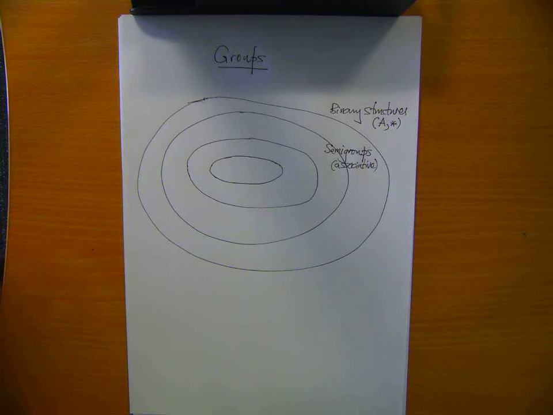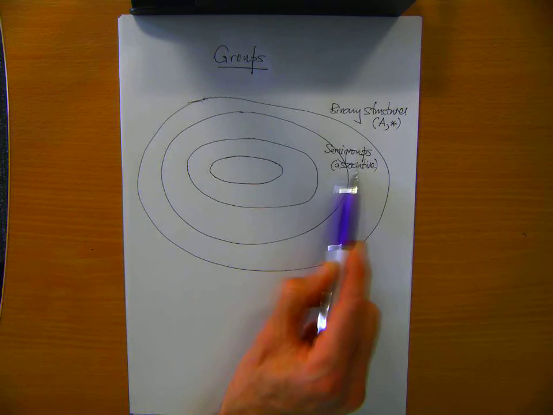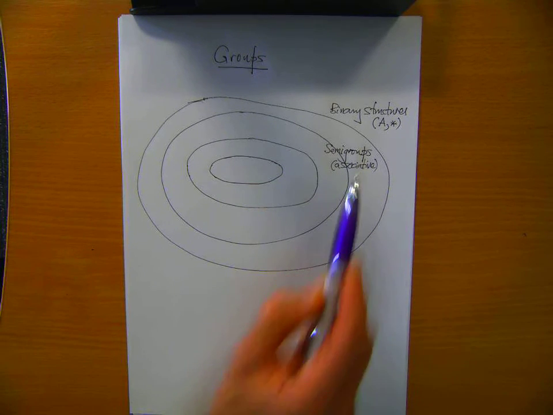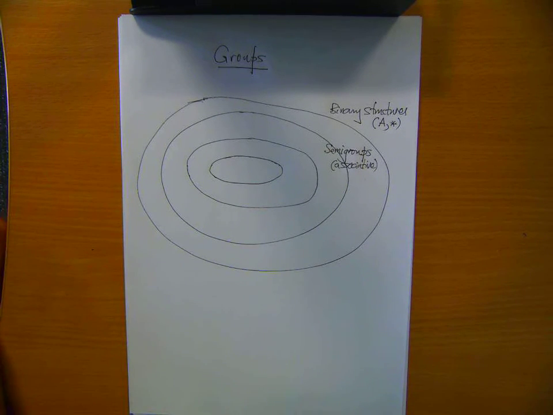Non-associative binary operations are not very useful in general, although there are some instances where they are interesting, but on the whole we'll require our binary operations to be associative. Remember, that means if you've got a triple of elements, you can do the binary operation in 2 ways, but we get the same answer. So we talked about associative binary operations last time.